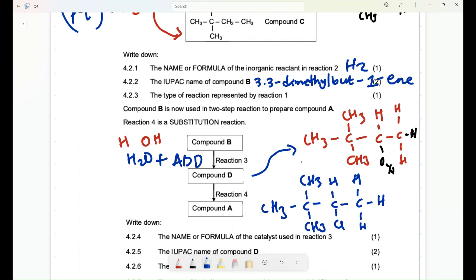Then now, moving from this one, which is compound D, to compound A, they told us it is a substitution reaction. So now the only time I can substitute is by adding maybe Br2. This becomes an addition reaction if I have an alkene here.